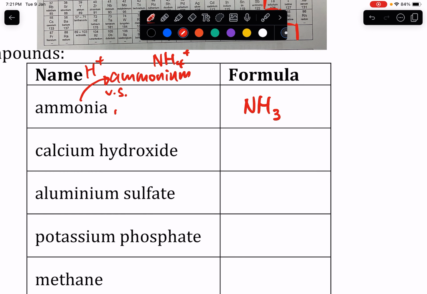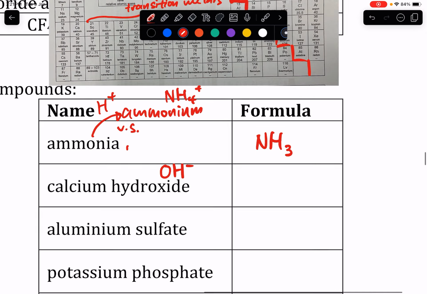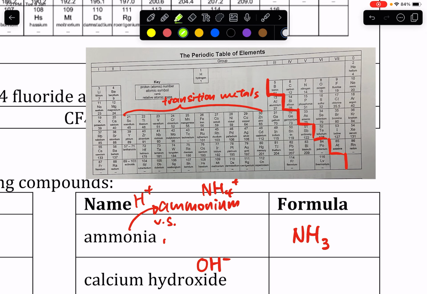Next, calcium hydroxide. Again, hydroxide is a polyatomic ion, to be memorized as OH minus. Whereas calcium can be found here, with 20 electrons, it is 2,8,8,2. So 2 valence electrons.